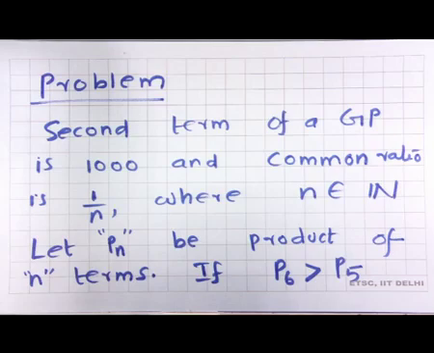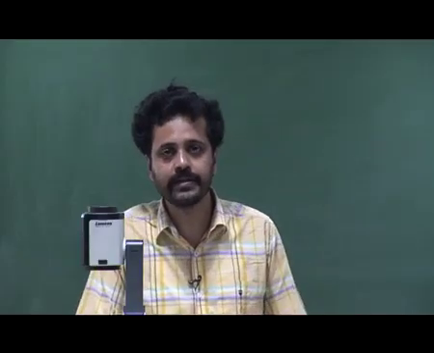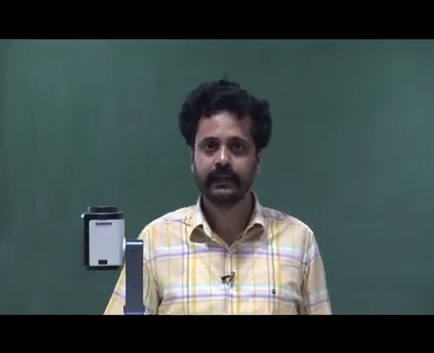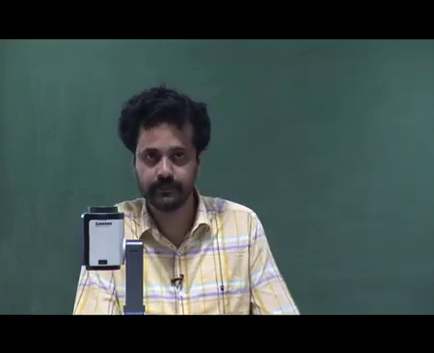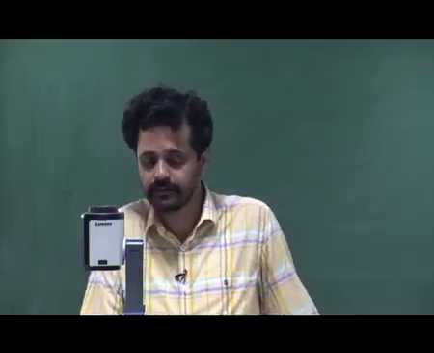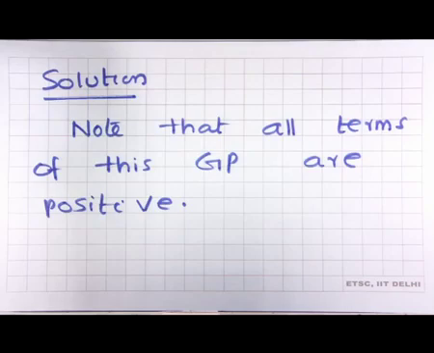Therefore, the common ratio is also positive. If one term is positive and the common ratio is also positive, then all terms of that geometric progression should be positive. That is one observation that may help us.